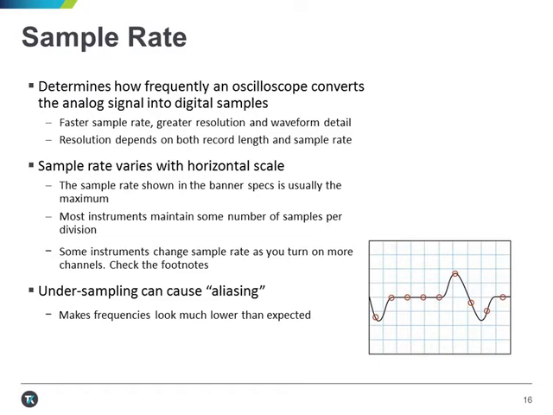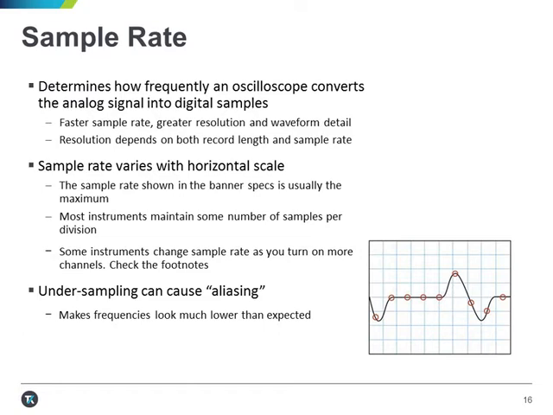Oscilloscope designers try to keep a certain number of samples per division to make sure you get good resolution for all horizontal scale settings. You probably need to flip through the manuals, but you can often find a table that shows the sample rate for each time per division setting.